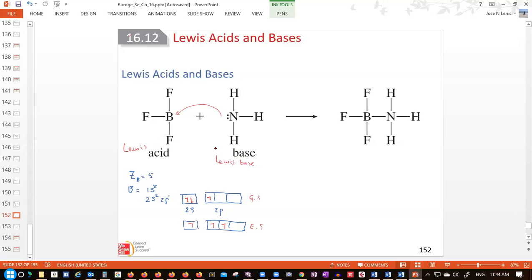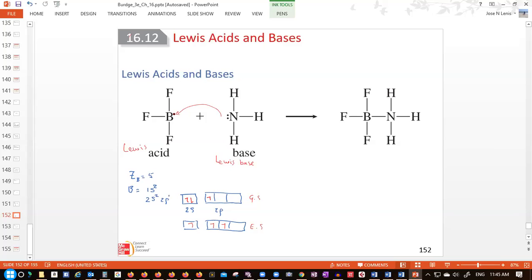So when you do an acid-base reaction, it's important that you recognize what definition you are using. And it has to be Lewis acid, Lewis base, or Bronsted-Lowry acid and Bronsted-Lowry base, but not a combination.